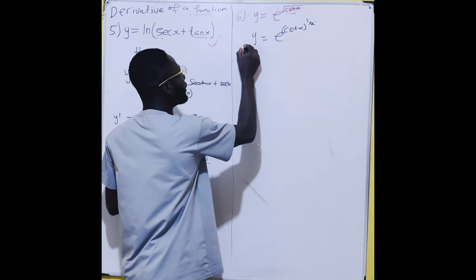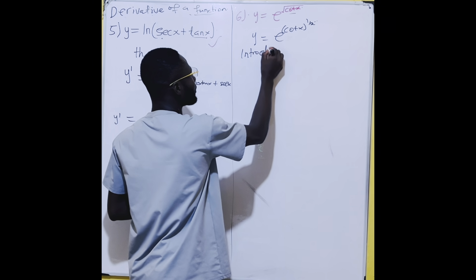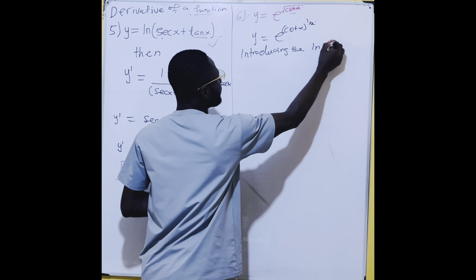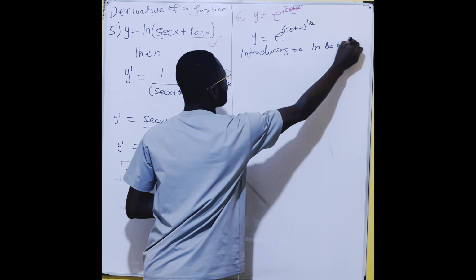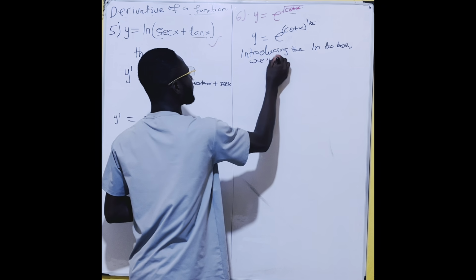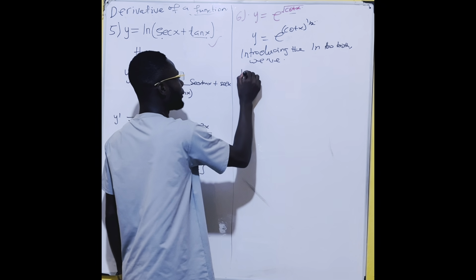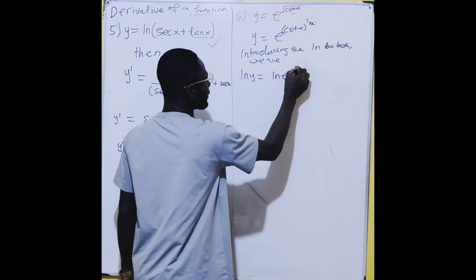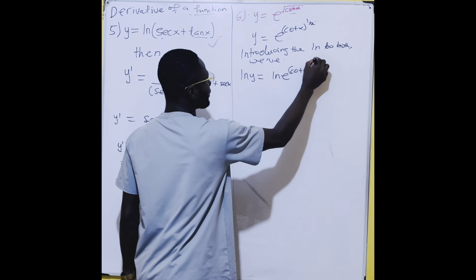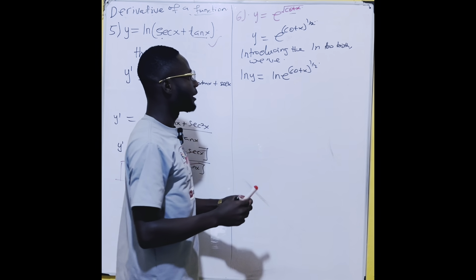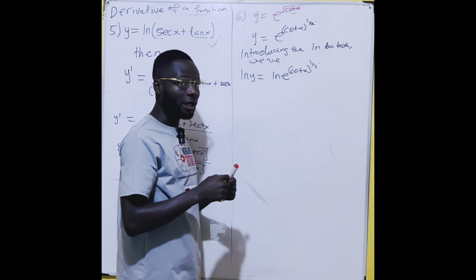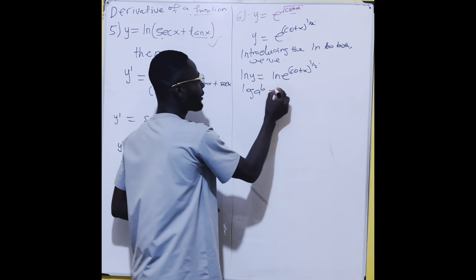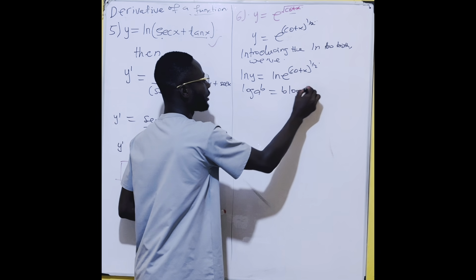So introducing the ln to both sides, we have ln y equals ln e exponent cot x exponent half. And one of the properties of logarithm says that if you have log a exponent b, then it is equal to b log a.